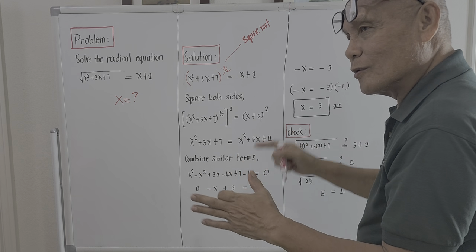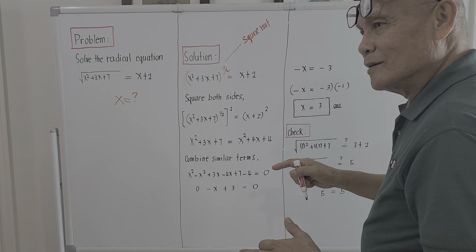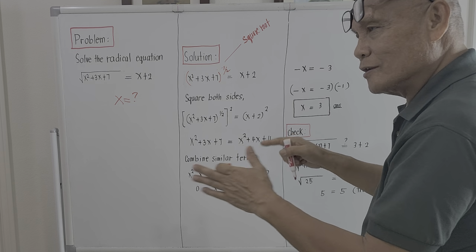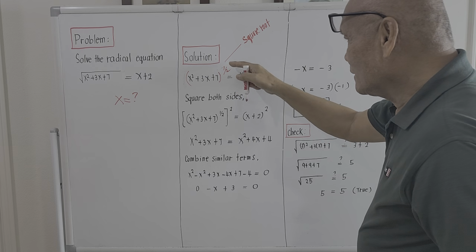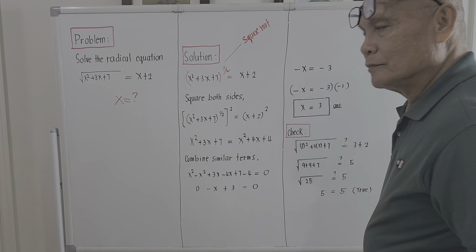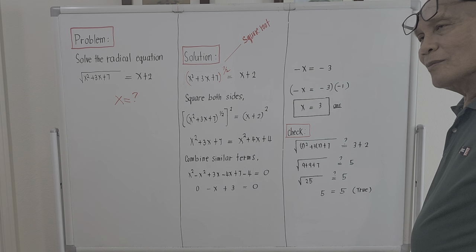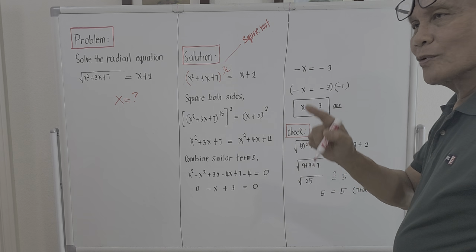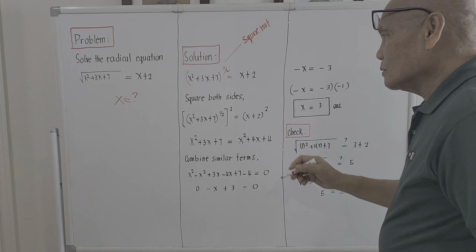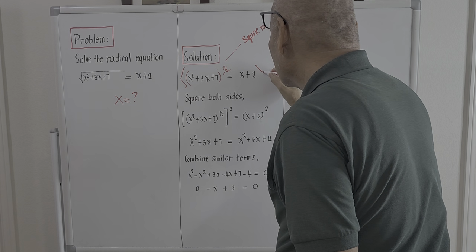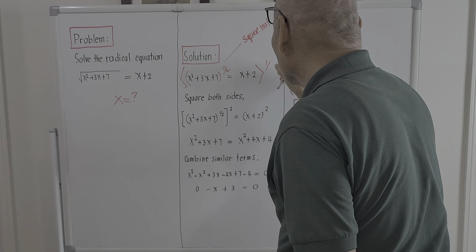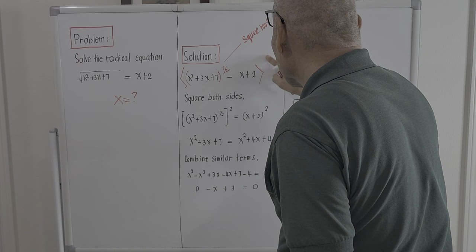Eliminate the 1/2, or eliminate the radical sign. For the meantime, that radical sign is simply a square root. So to remove the exponent 1/2, there should be a number multiplied by 1/2 for it to be equal to 1. So what do we do? We will raise both sides to the 1/2. No, we square it. Sorry for that one.